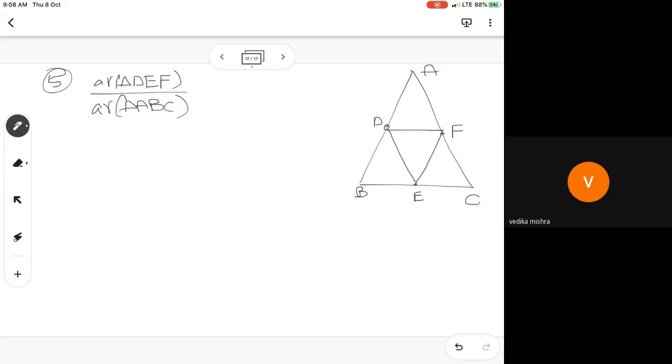Don't get confused that DEF is given first and then ABC; first DEF only is to be taken. So whenever areas are asked, you have to check whether it is possible to prove these two triangles are similar or not. If they are similar, their corresponding sides can be taken into consideration. Are they similar?